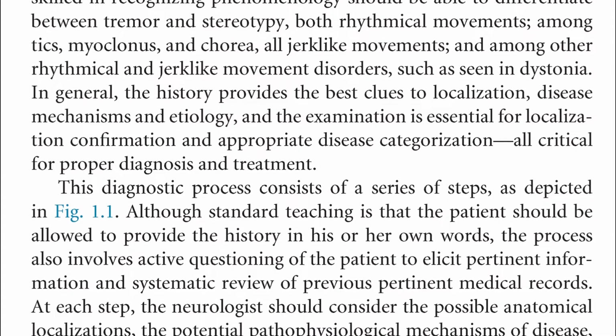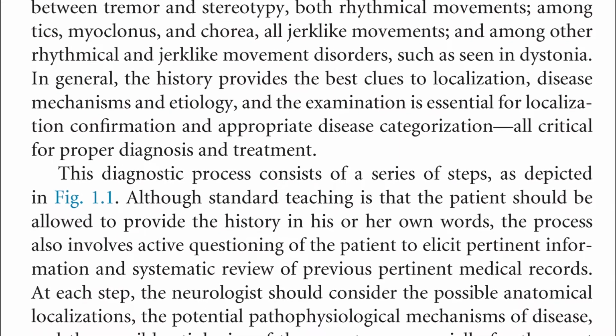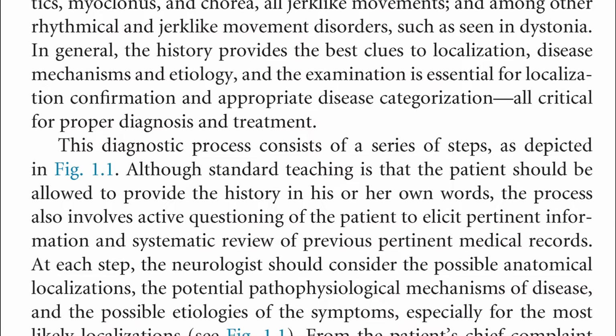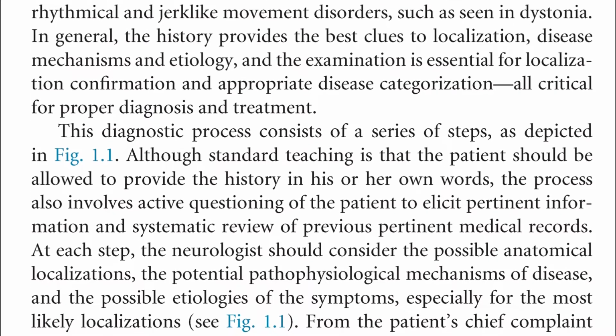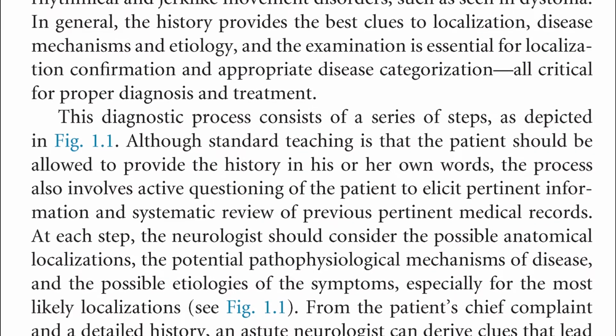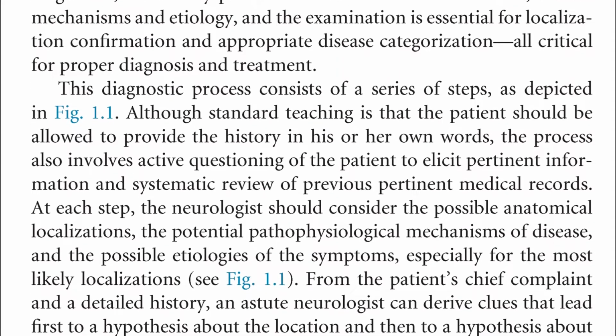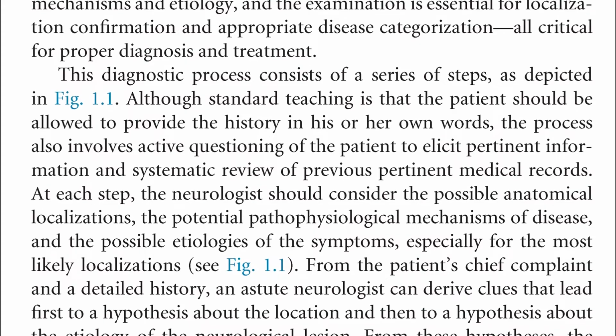This diagnostic process consists of a series of steps, as depicted in Fig. 1.1. Although standard teaching is that the patient should be allowed to provide the history in his or her own words, the process also involves active questioning of the patient to elicit pertinent information and systematic review of previous pertinent medical records.